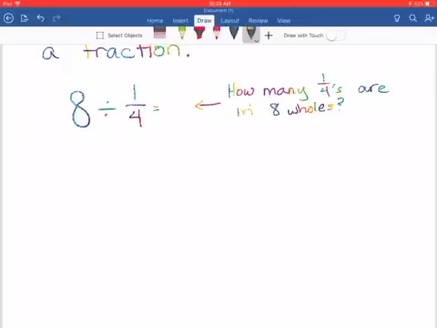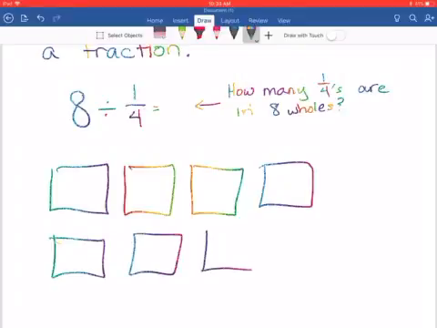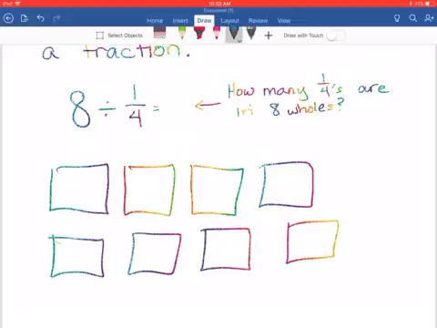So I want you right now to draw your 8 whole pieces of whatever. 3, 4, 5, 6, 7, 8. And how many pieces am I breaking it into? Well, I'm asking for how many fourths. So I need to break each into 4 equal-sized pieces, or as equal as possible.